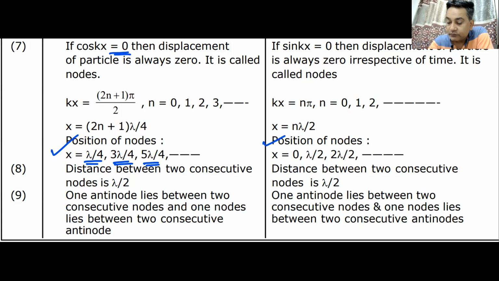Whereas on the right hand side, it becomes 0, lambda by 2, 2 lambda by 2. So basically the positions of node and antinode have interchanged. What was the position of an antinode on the left hand side has been taken by the position of a node on the right hand side. Do we understand this?